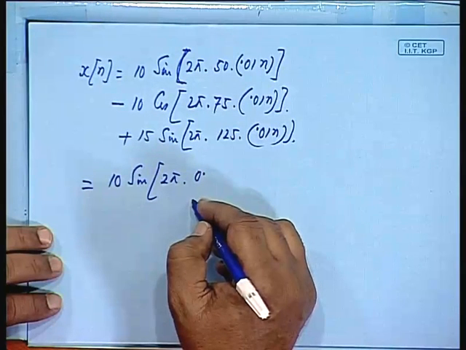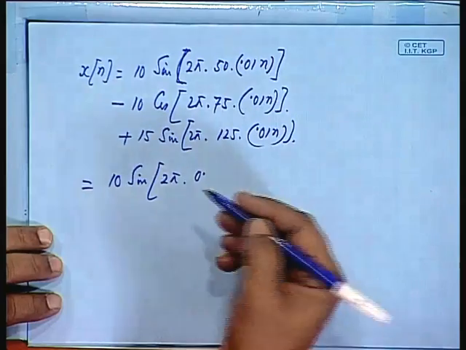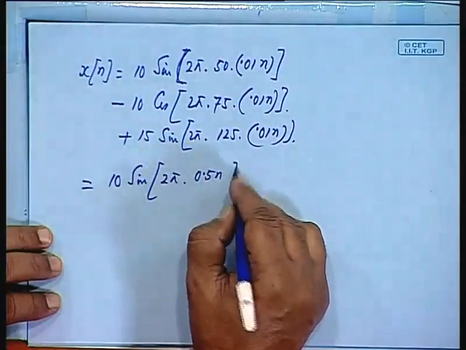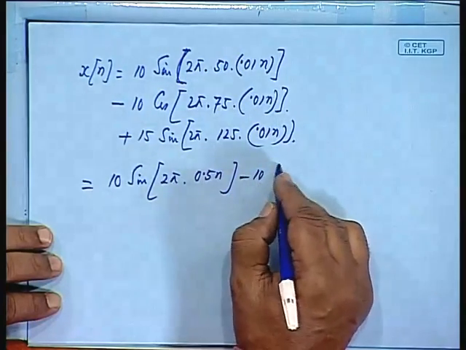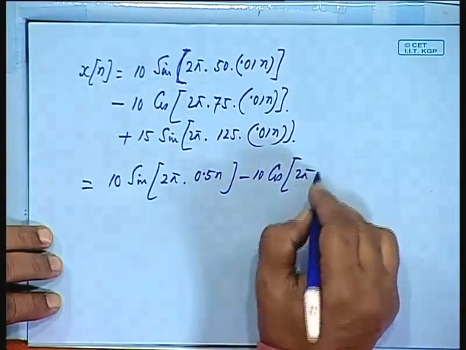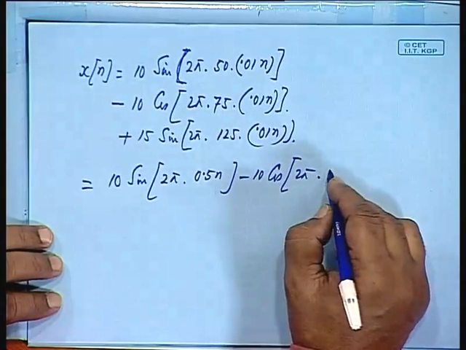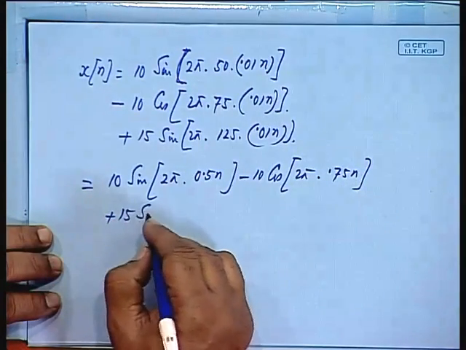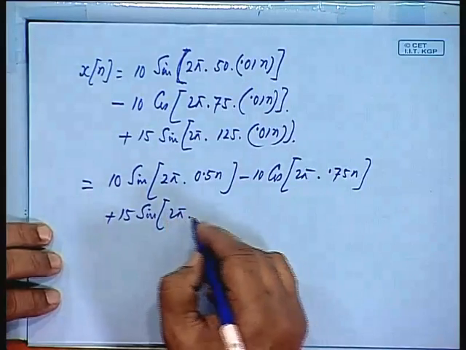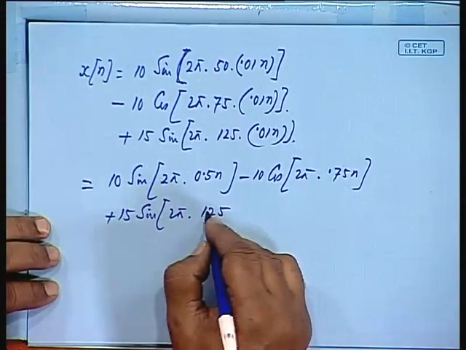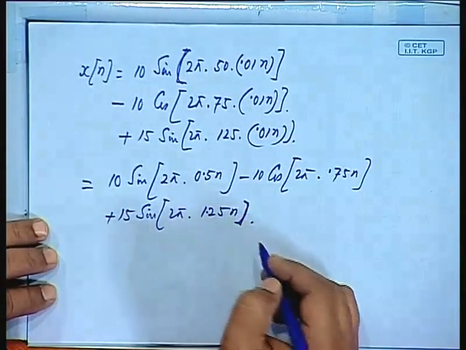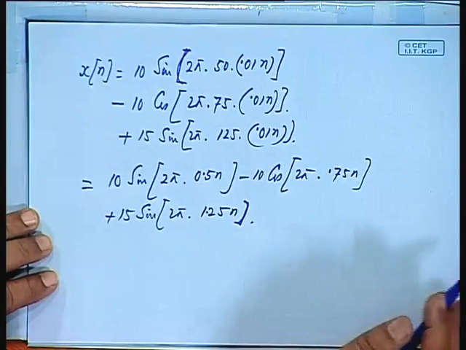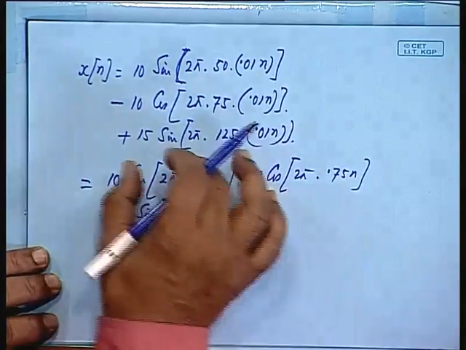If I write 2 pi into something, then it will be 0.5 n, minus 10 cosine 2 pi into 0.75 n, and then plus 15 sine of 2 pi into 1.25 n. Is it all right? Now, what is the period of these three discrete components?